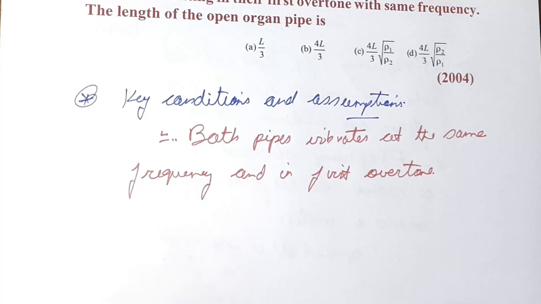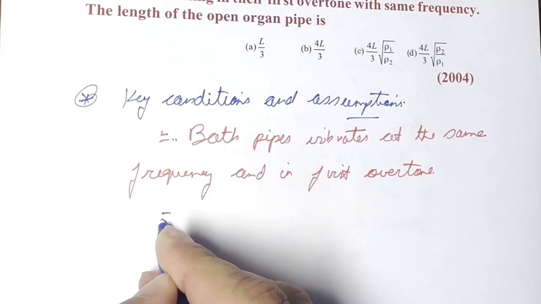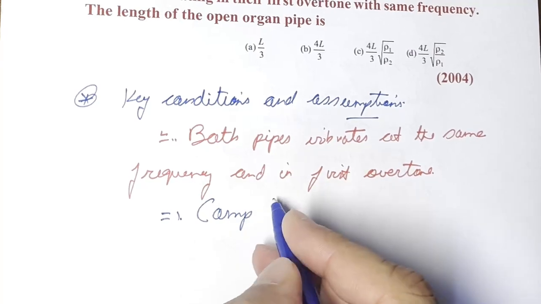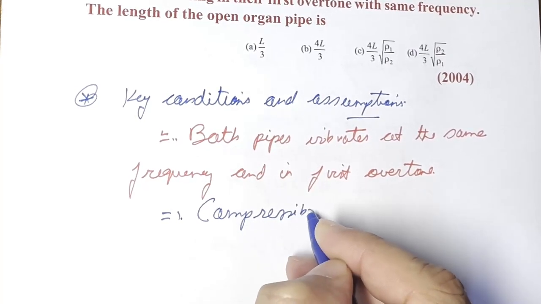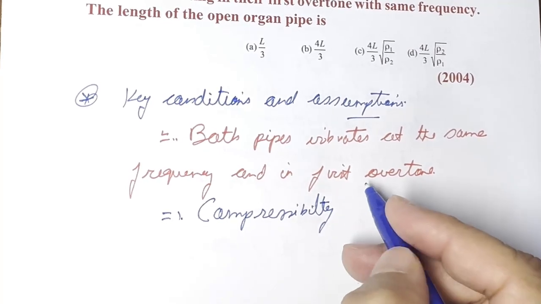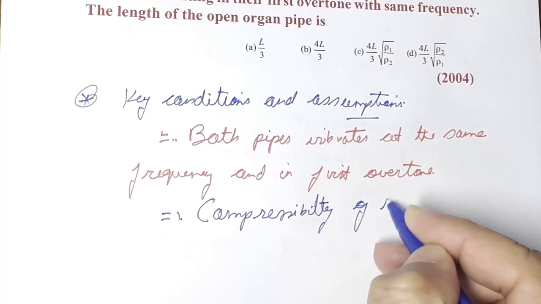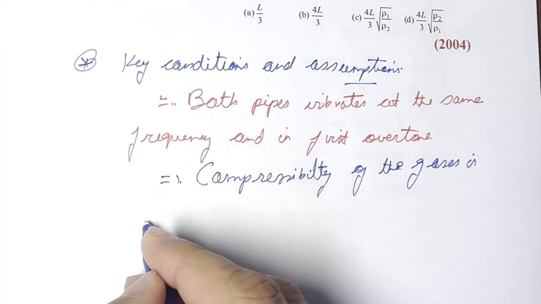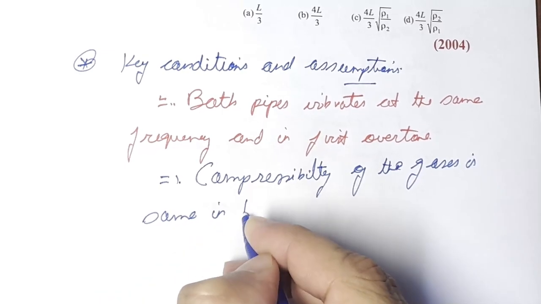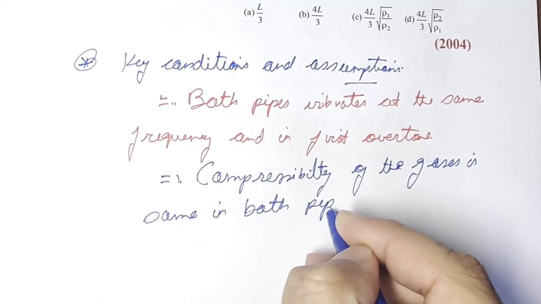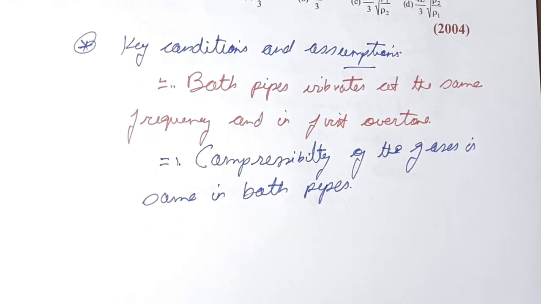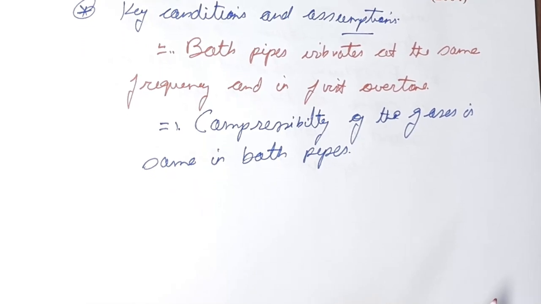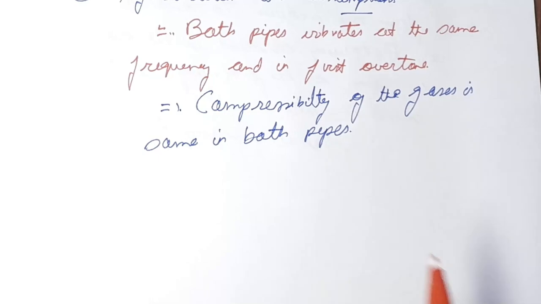Second, it is given that the compressibility of the gases is same in both pipes. So we can write the speed of sound equation.